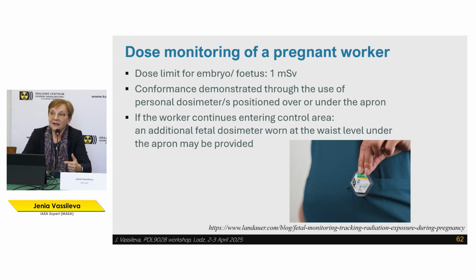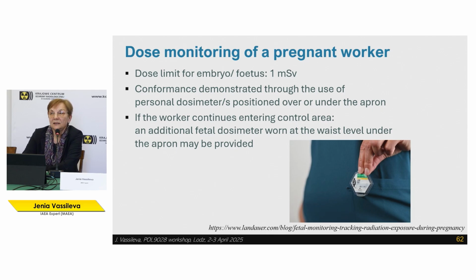Another dosimeter might be needed if a pregnant worker continues entering the control area. They are young interventionalists who don't want to stop working during the pregnancy. In this case, of course, it's legal to continue working, but the embryo should be provided the same level of protection as the general public.